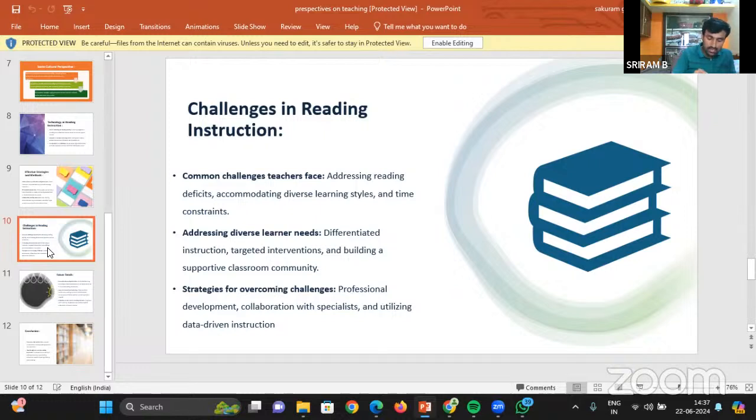Page number 149. Here they gave a jumbled paragraph. If you go through this, you will get to know how to make a meaningful paragraph. You just try to read, and you will get to know what coherence and cohesion are.